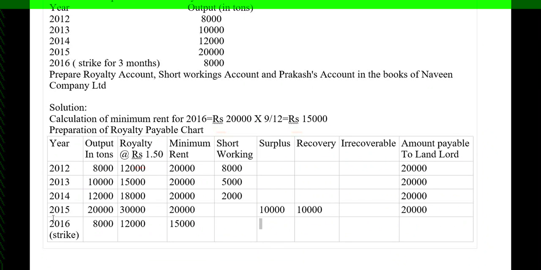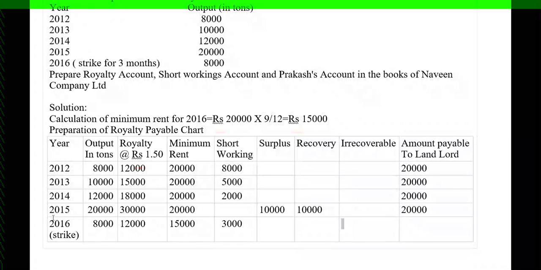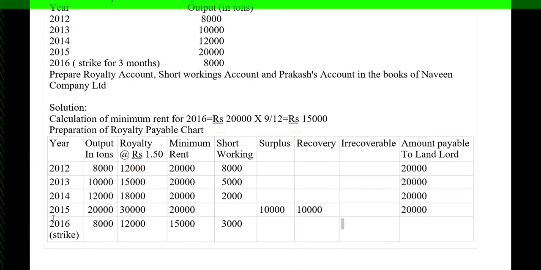So still there is a short working of rupees 3,000. There is no surplus here, so nothing can be recovered because of the short working. Irrecoverable will be: out of 5,000, we have recovered in the year 2015 to the extent of rupees 2,000, so the remaining will be irrecoverable. So amount payable will be 15,000.